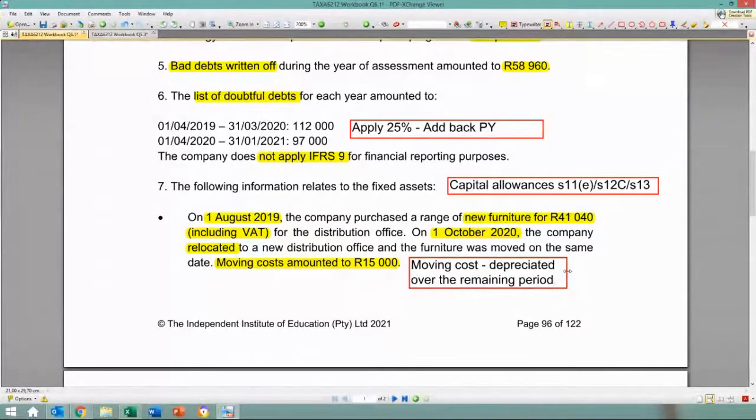Now, we will see further in the question what is the normal depreciation period for furniture. So that is just something you need to take into consideration. If it is for a short period of time, it would be 3 years. So it will be the lesser of the remaining period or 3 years, depending on what it is.